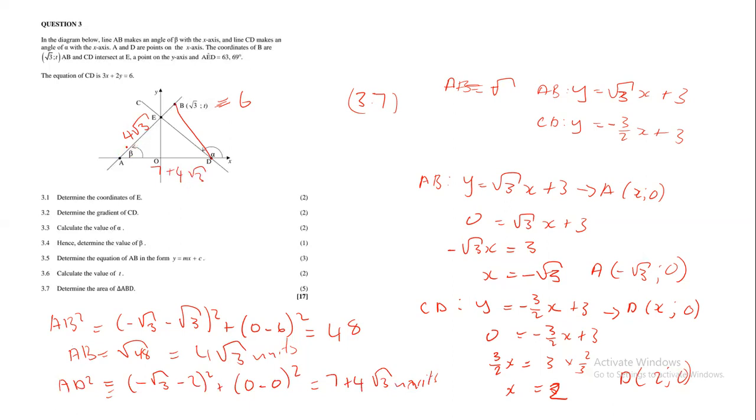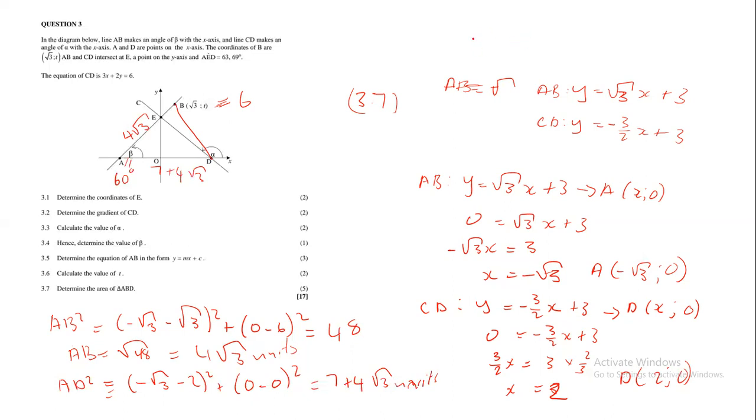Okay, and now we have already determined the magnitude of angle beta in the previous questions. Beta in this case, remember, beta was equal to, if I remember, 60 degrees, right? Yes, it was 60 degrees. Therefore, we use the area rule to determine the area of this bigger triangle. So I'll just continue here.